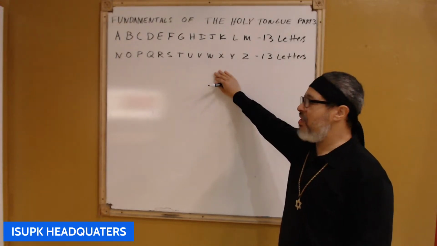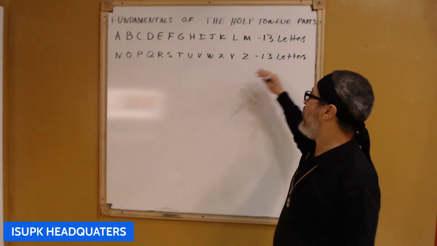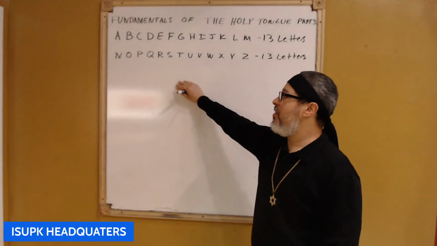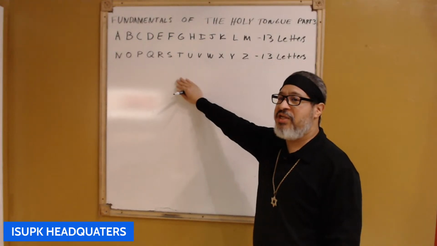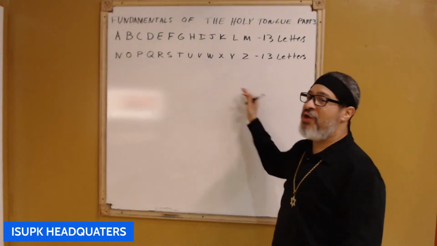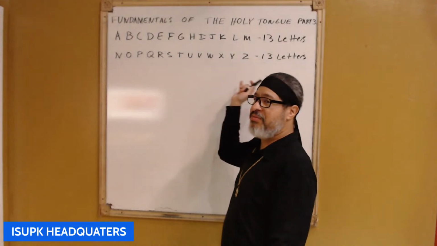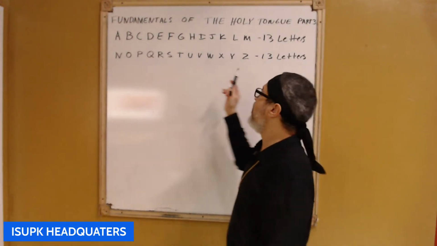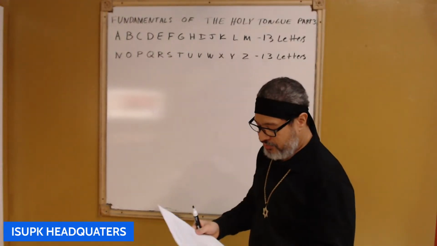And the Most High gave us a pure language, which was actually written from right to left. So what we grew up with is backwards compared to what the Most High gave us in the beginning. That's also meant to confuse you, because when you start reading Hebrew the first time, you're going to naturally attempt to read left to right, and you're not going to see the words because you're reading it in reverse. So we're going to learn how to read the other way, from right to left.